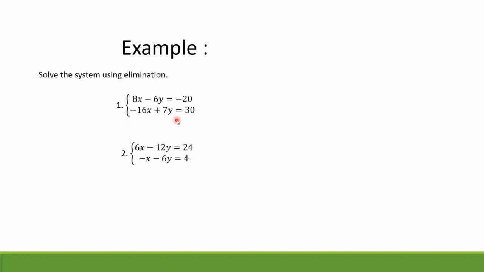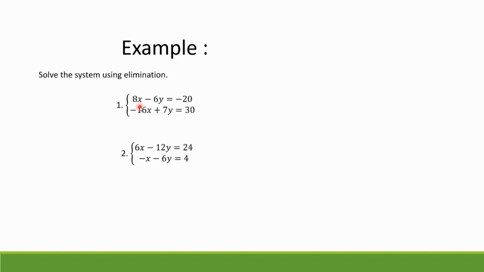And you do that by manipulating the coefficients. Basically, what you want is for a certain variable, either x or y, the coefficients of one of those variables to be the same except opposite in sign, like 8 and -8, or 2 and -2, for instance. And then you add the equations, which will kill off one of the variables.